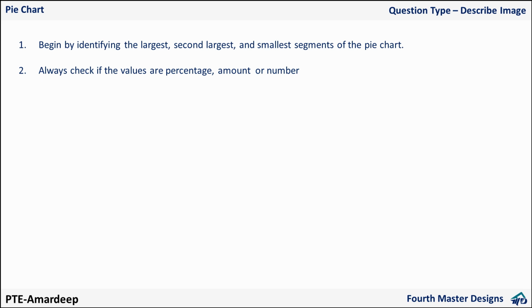Sometimes the data is an amount or some number, but students say percentage. It happens with me also, because we are used to percentages. We say XYZ is the highest at about 40%. But in the picture there will be some amount, like 4000 something, or some number like 440.